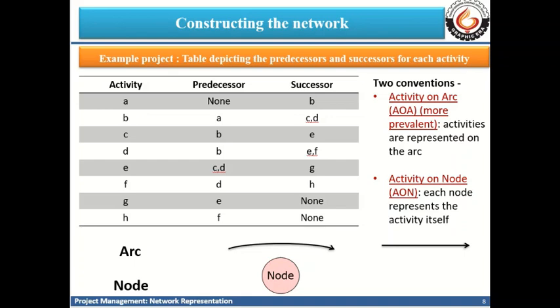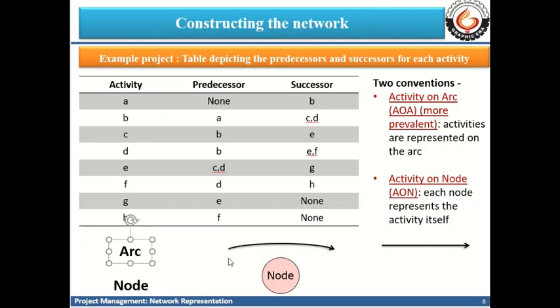Now from a precedence table, we can go ahead with constructing a network for our activities. In this, we use two important representations, which is an arc, which is signified by a line which has got an arrow at one end.